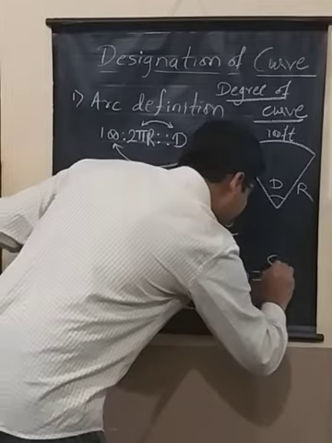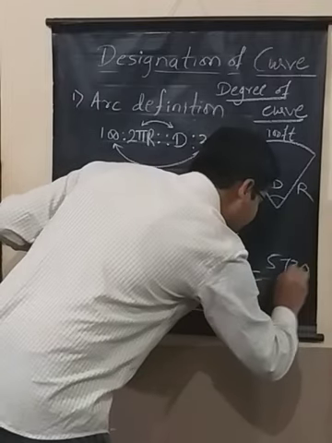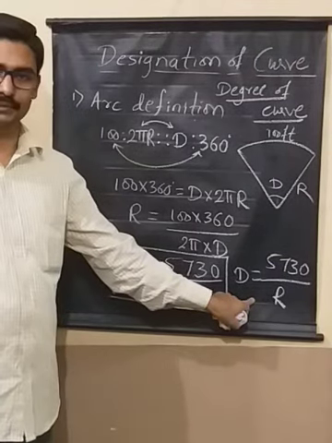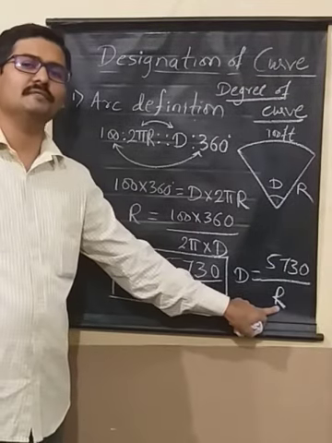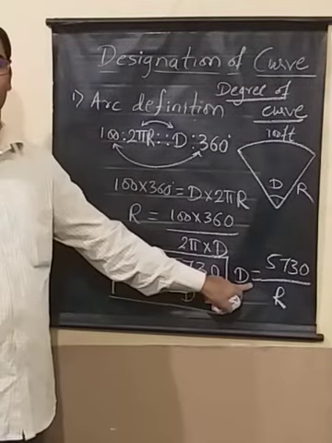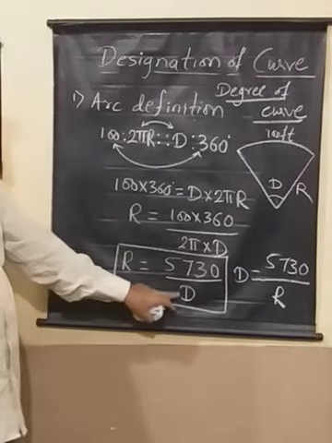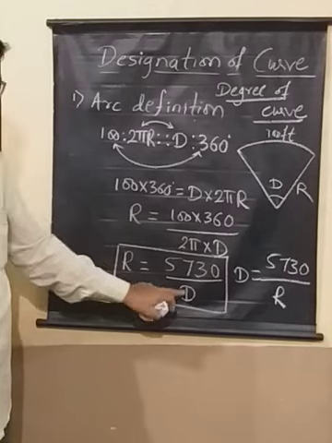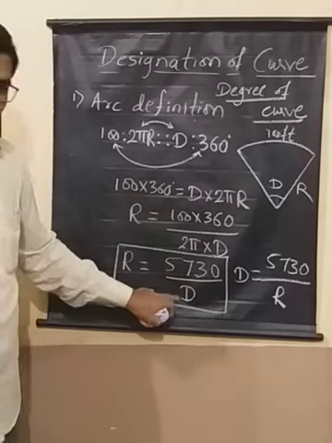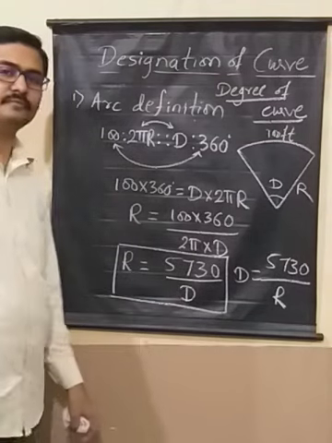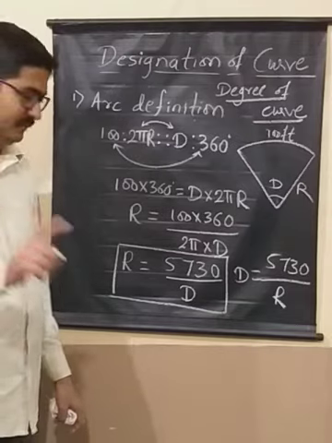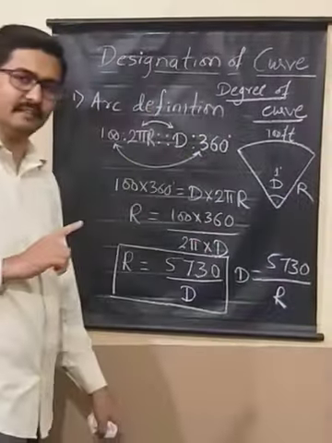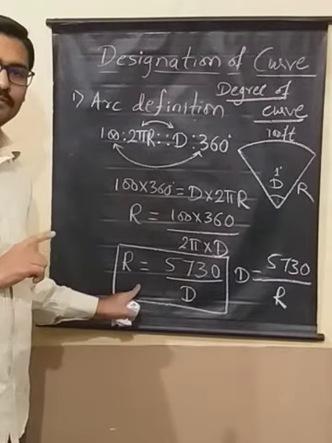D is equal to 5730 divided by R. This also holds good. So when I know the radius of the curve, I can still get the degree of the curve. To make it very simple, if the degree of the curve is 1 degree, what will be the radius of the curve?